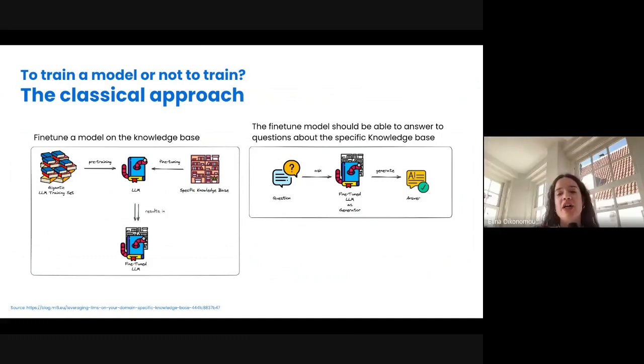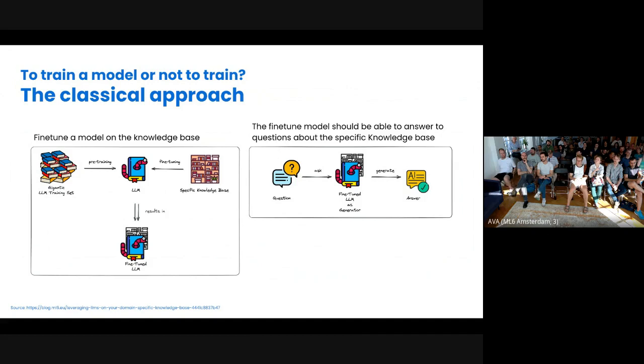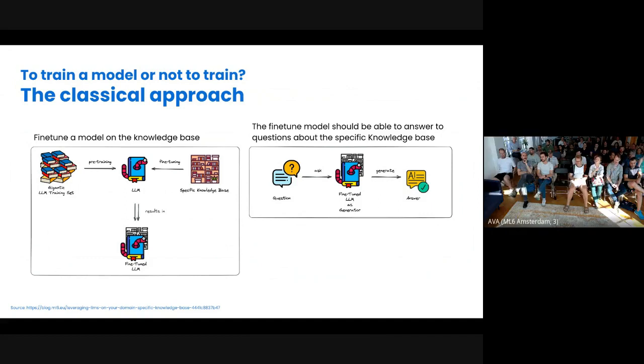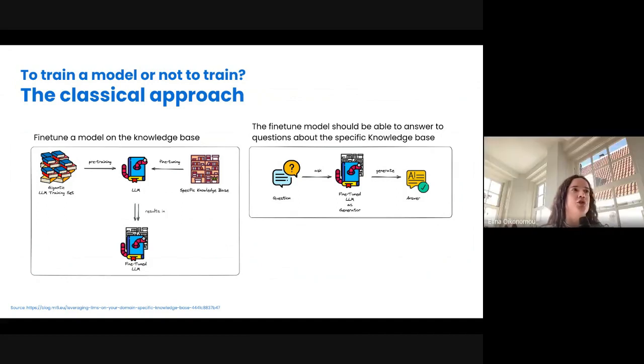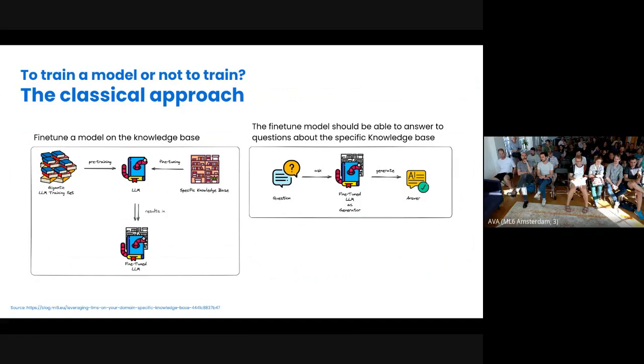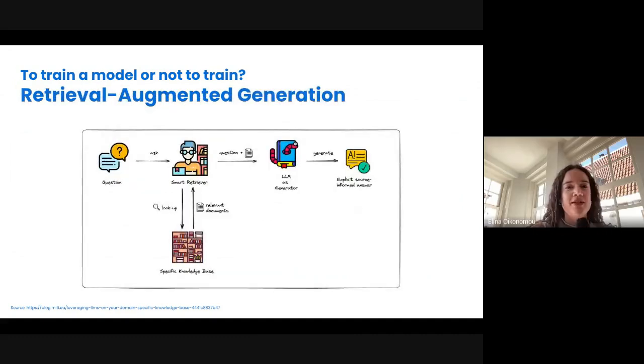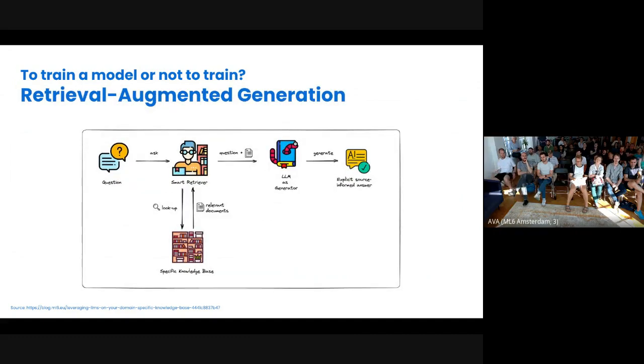Also, if we have new information, for instance, we launch new products or new services, then we need to retrain the model to have this new information. And then, of course, we have to have all the infrastructure of hosting a model, training a model, etc., which adds lots of complexity. So what's the new approach?